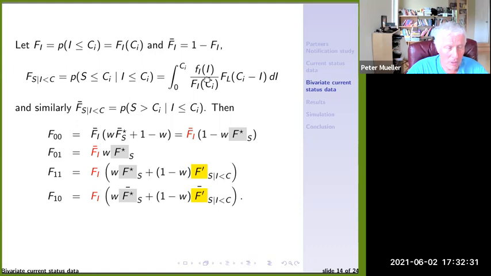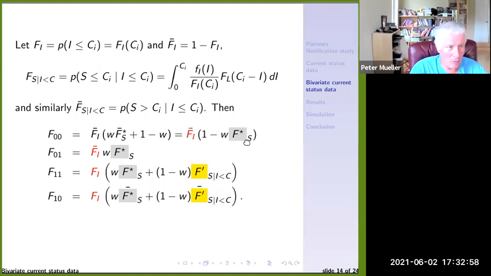So in the end, all that we'll need when we specify our prior probability model is a prior probability model for the common F sub I, and a prior probability model for the gray marginal distribution of time to symptom, which is independent of time to infection for the gray patients. So we'll need prior probability models for 2 univariate event times.